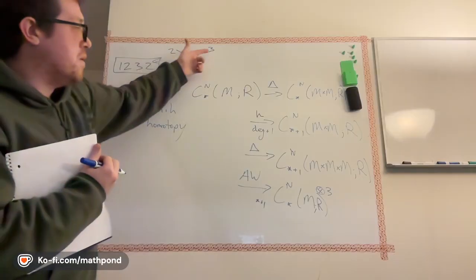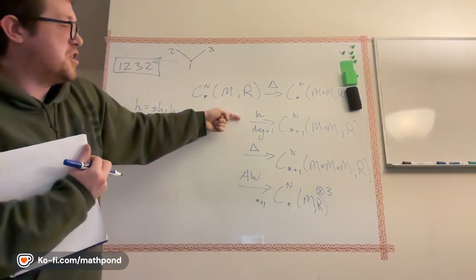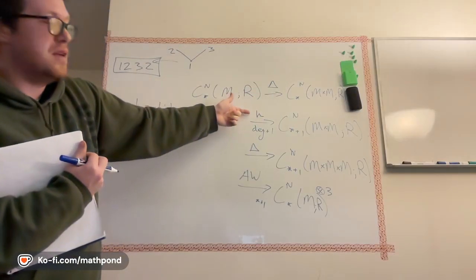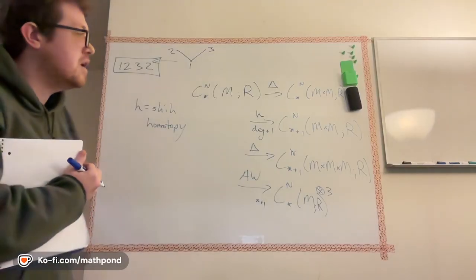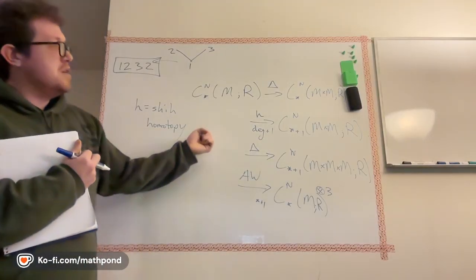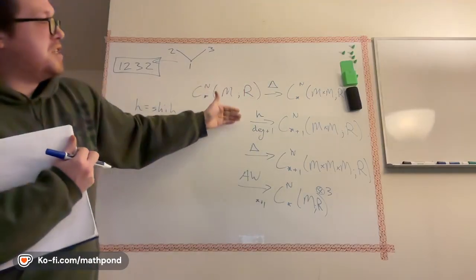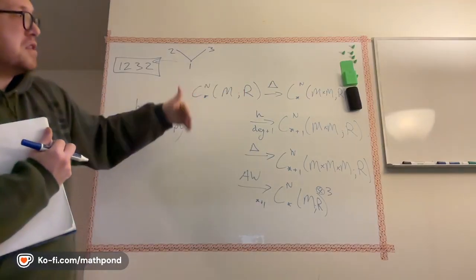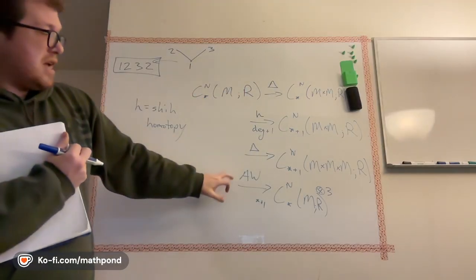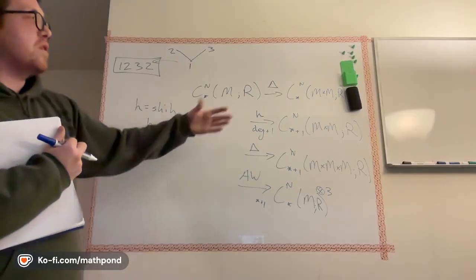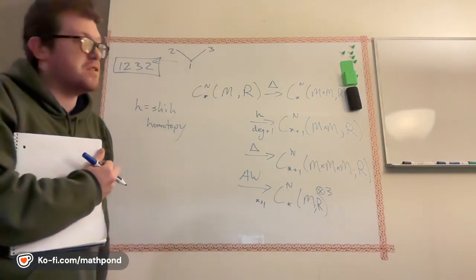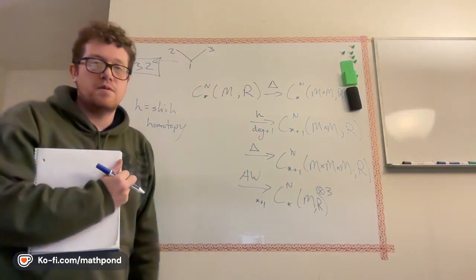So here we have 3 points, so we have 2 deltas and 1 Xi, and you're going to have n minus 2 homotopies every time as well. So n minus 2 homotopies, n minus 1 deltas, but it's always going to be the same thing. It's going to be delta, Xi, delta, Xi, delta, and then Alexander-Whitney at the end. And all of the correction terms have this similar form.